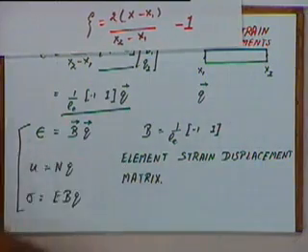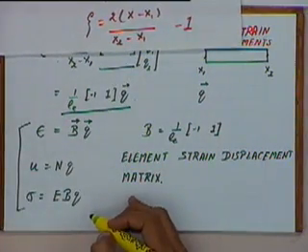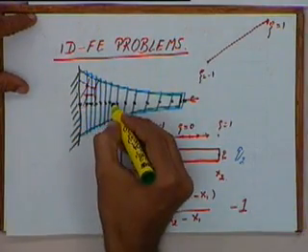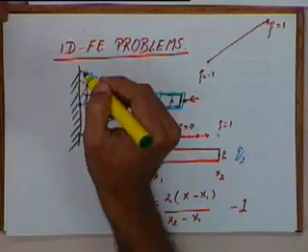Once I get the strains within the element, I can get the stresses within the element. So I'm not getting the stresses or strain at these points, I'll get stresses within the element. Any other question?